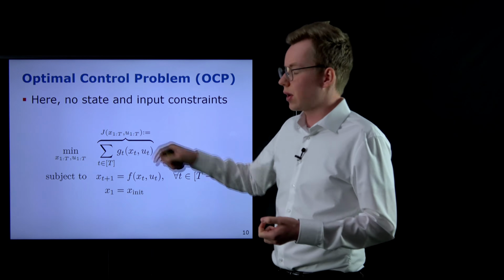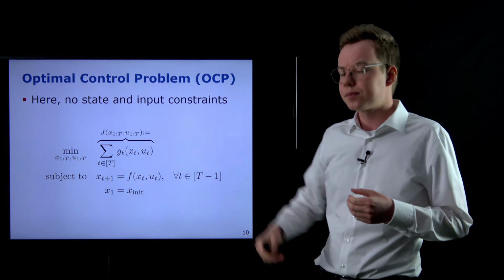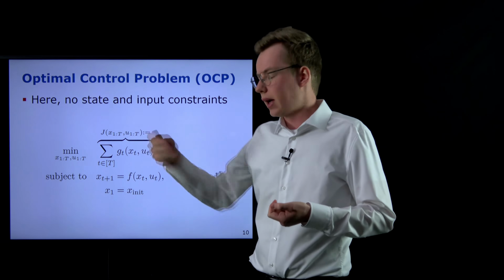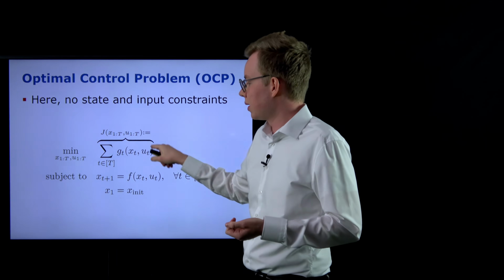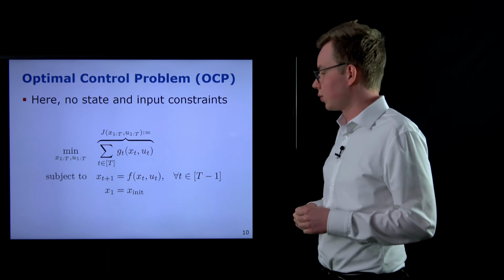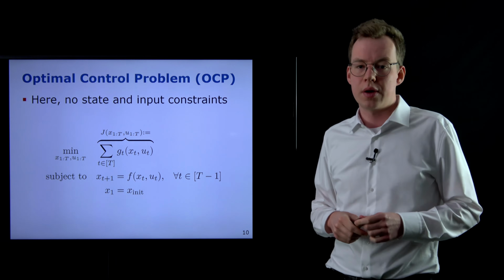So the total cost over the entire horizon will be the cost at the first, at the second, plus the third, and so on. And so this will be an important assumption for some of the tools that we will develop throughout this lecture.